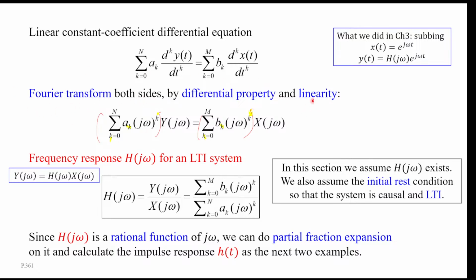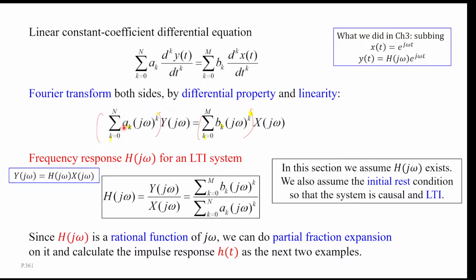We can Fourier transform both sides and use the differentiation property to get a nice expression. The differentiation property says that differentiation in the time domain becomes multiplication by j omega in the frequency domain. So differentiating k times gives j omega to the k. Then by linearity of the Fourier transform, it is just a linear combination of those terms.